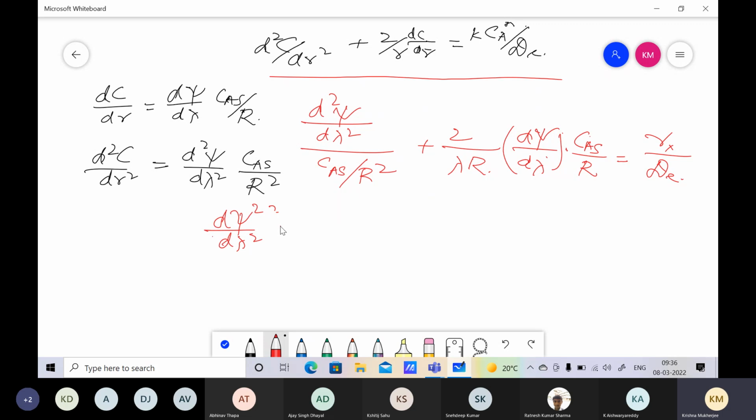Multiply by Cas by r square, what will happen, plus 2 by, this becomes r square, 2 by lambda, is equal to, now let me call this as k Cas rest of n, c rest of n. Okay?